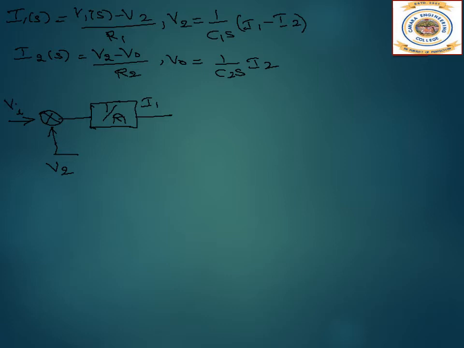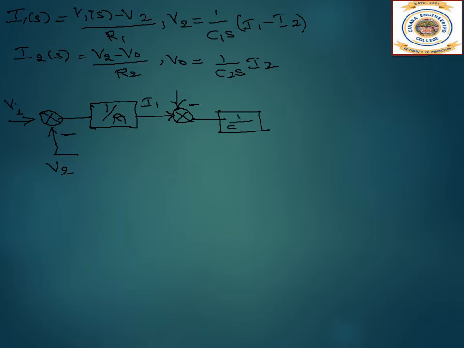Next is V2. One of the inputs is I1. Here I have to put one more, so let me take it the other way around above. This is minus. Where is it coming from? It is coming from I2. In the block we have 1 by C1S.